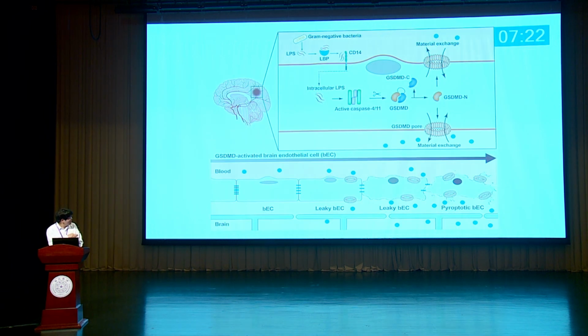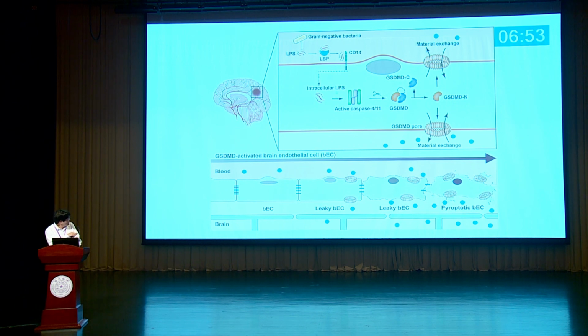So here is a summarized model of this part of the story. When you have bacteremia, or bacteria get into the circulation, LPS is complexed with LBP, which is very well known, and the LPS will be endocytosed into the cytosol through the CD14 pathway. I did not have time to show you, but if you take LBP or CD14 knockout mice, we can also block LPS-induced BBB disruption.